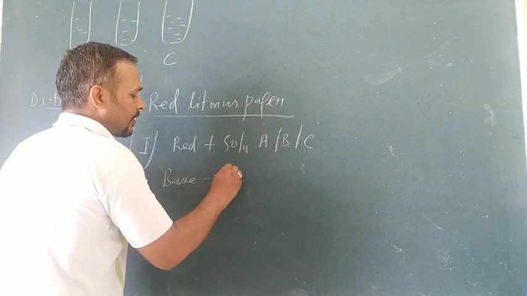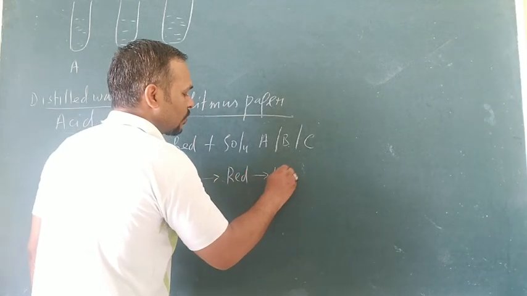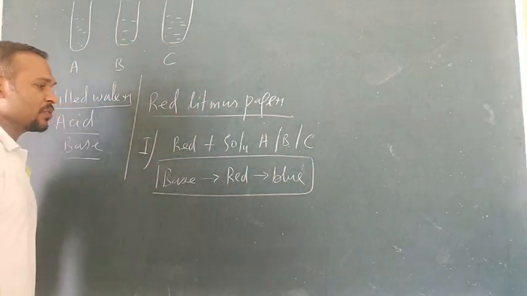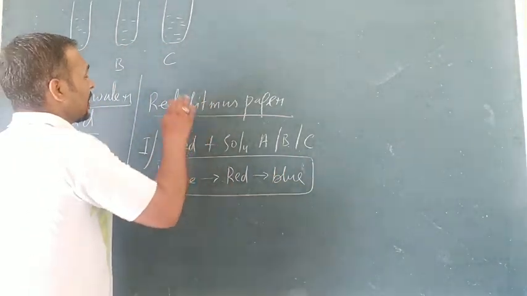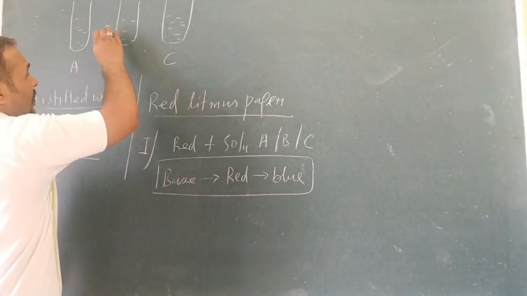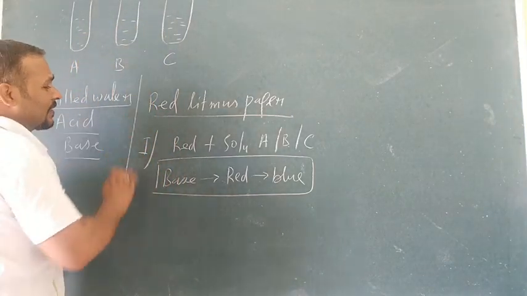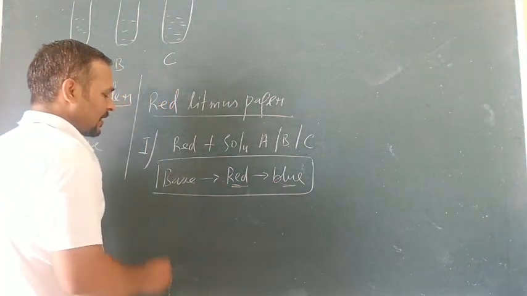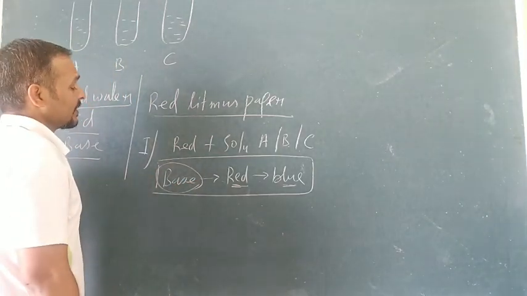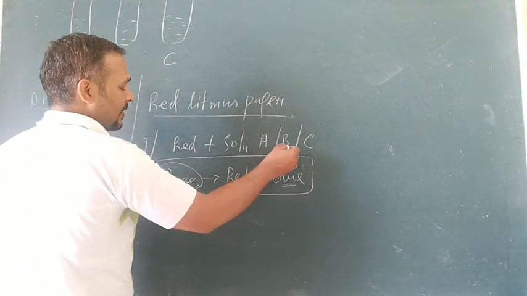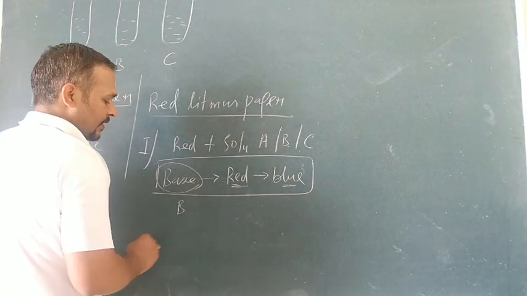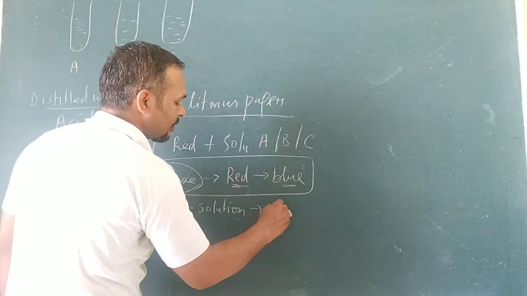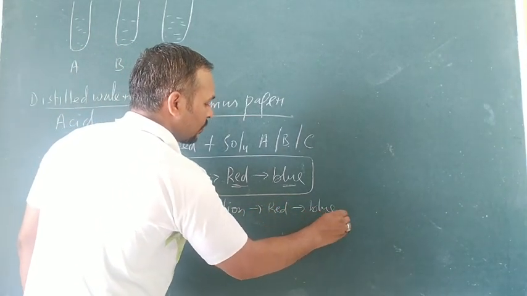Suppose we know that base turns red litmus into blue. So dipping the litmus paper in all 3 test tubes one by one, the solution which turns red litmus paper into blue will be a base. Suppose in the case of solution B, you got red litmus paper turning into blue.